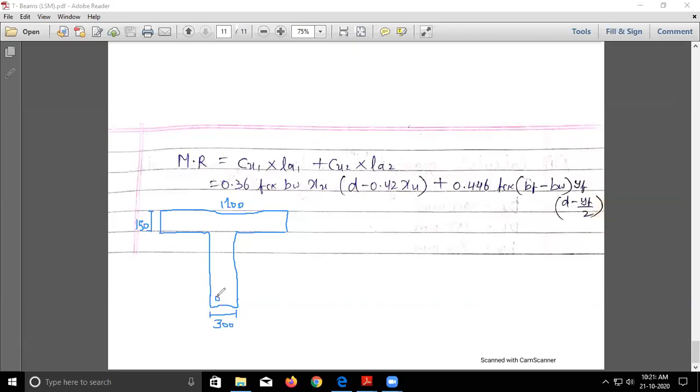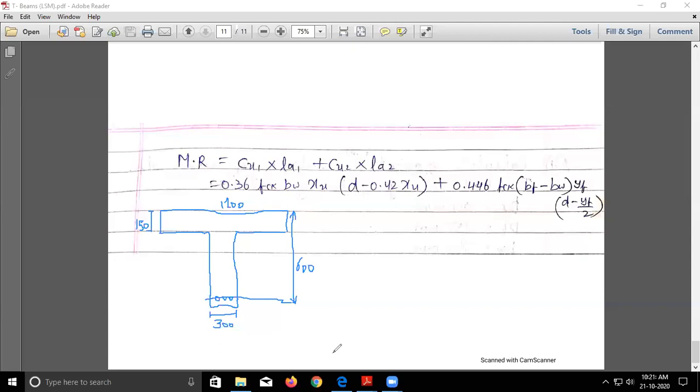So AST is nothing but 3 bars of 20. So effective depth will be from this. Effective depth is how much? 600. Yes. So this is your figure for the T beam.